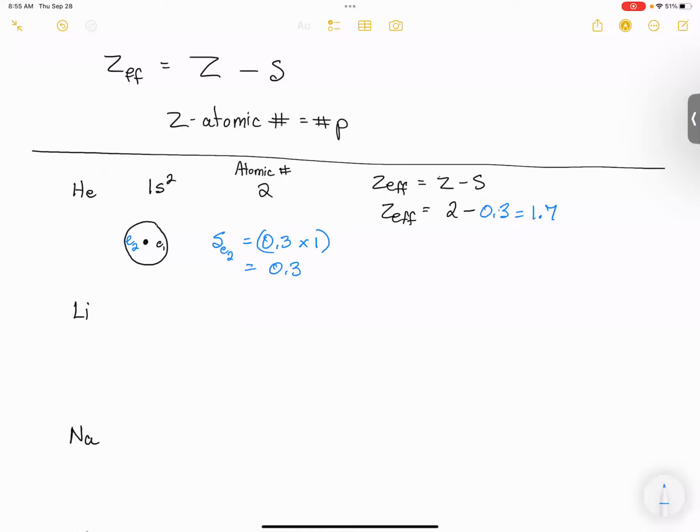Okay, lithium. Lithium has our nucleus here. It has electrons in the 1s, and it has an electron in the 2s.